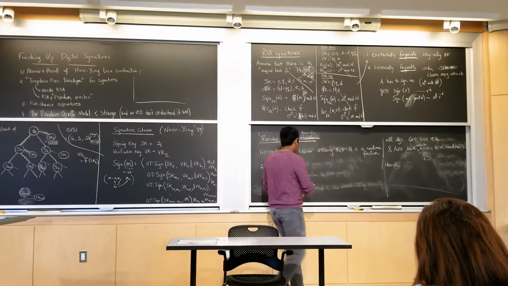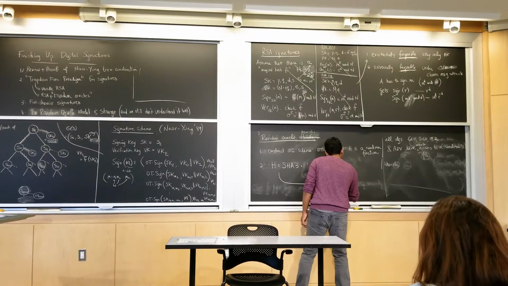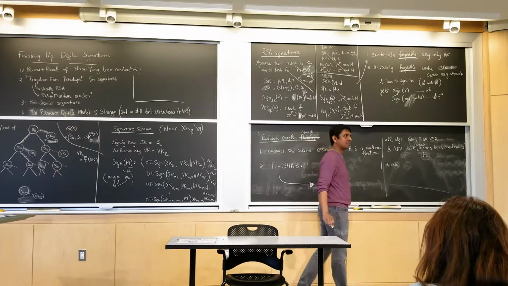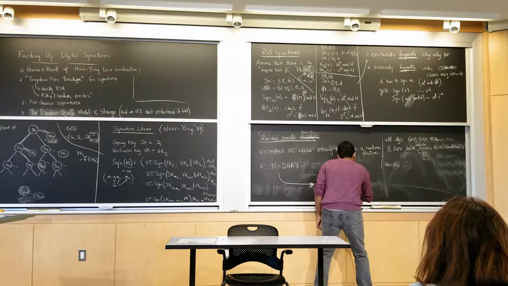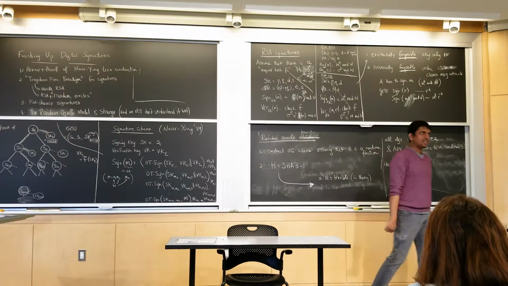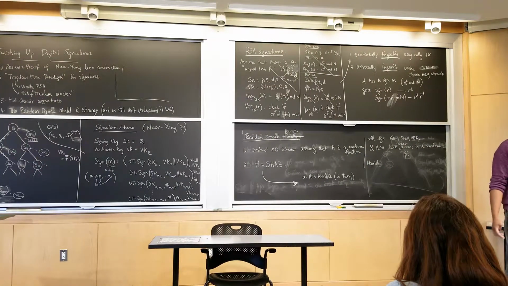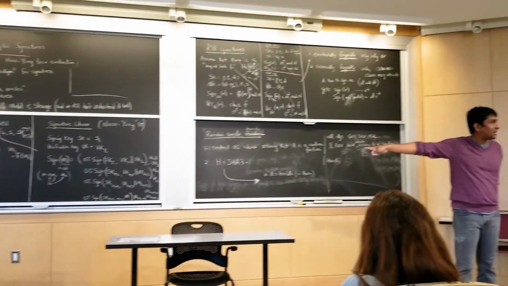One, it's terrible, in theory, in the following sense. You can construct signature schemes that I can prove secure in the random oracle model. I haven't really done it, but I will in a minute.